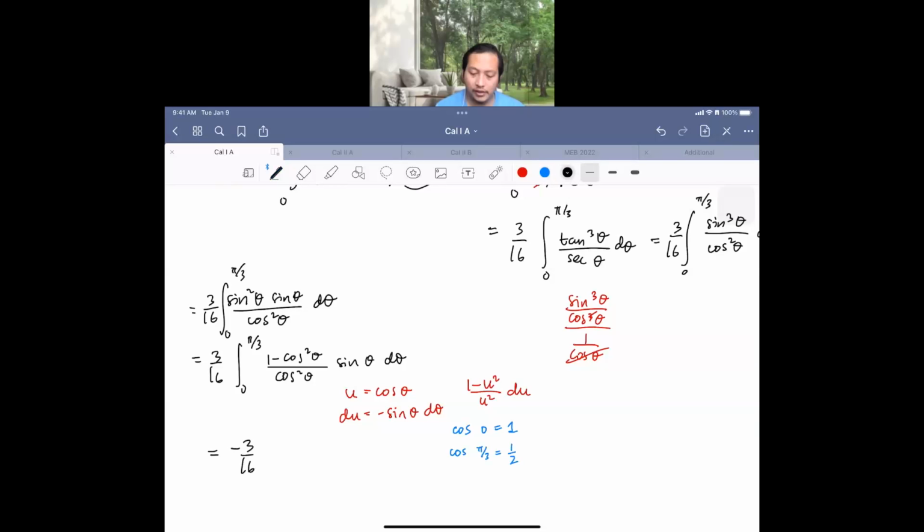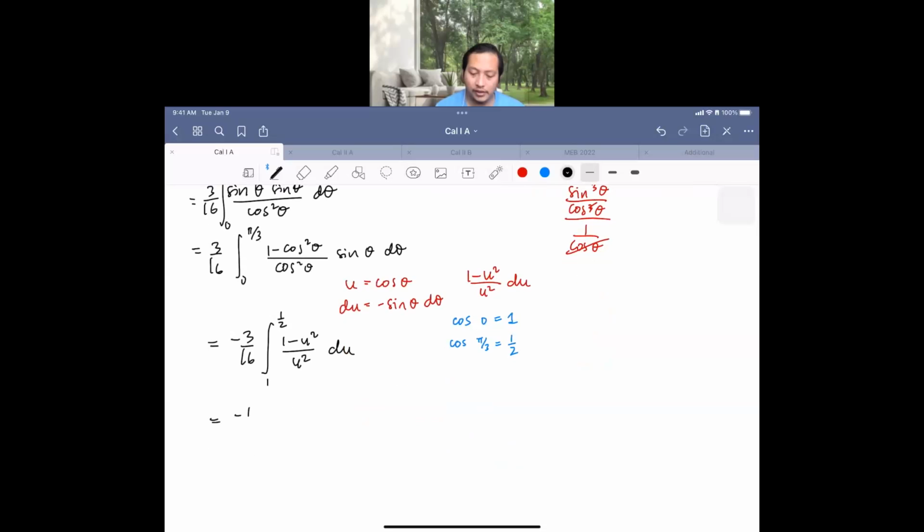So we exchange 0 to become 1, pi over 3 becomes 1 over 2. Now we can just separate this, and it will be 1 over u squared minus 1, right?